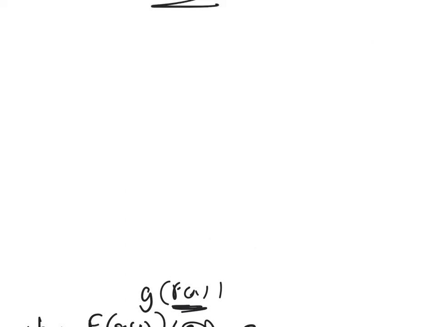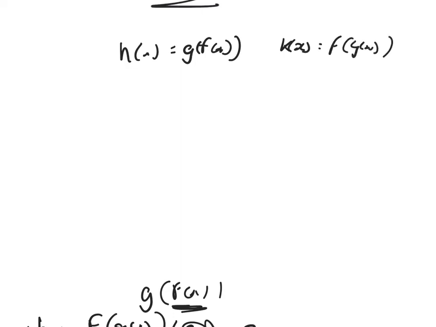Okay, so for each of the following questions, we're going to find h of x, which is g of f of x, and we're going to find k of x, which is f of g of x. So first of all, let's find h of x when f of x equals x plus 1 and g of x equals 3x.